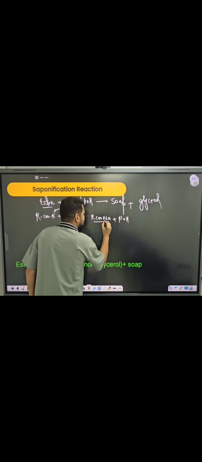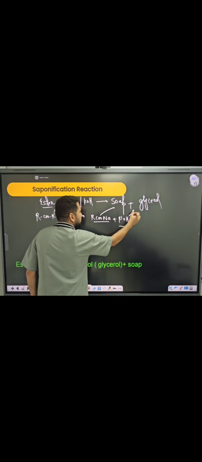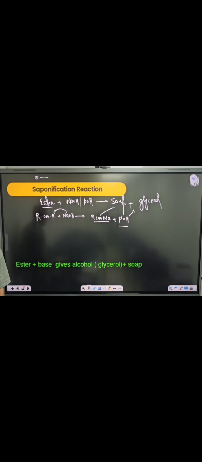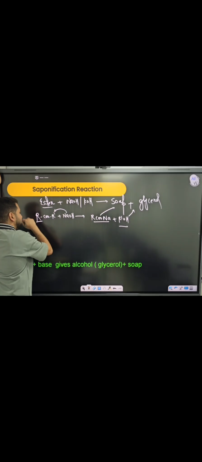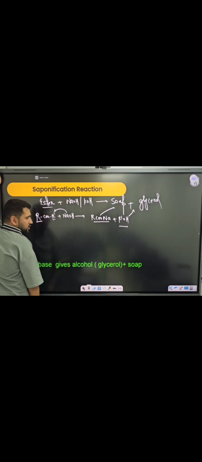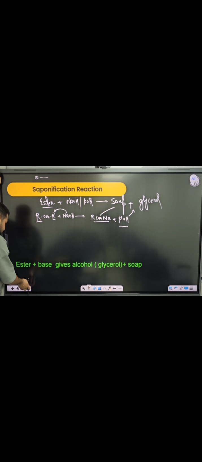Let me tell you, this RCOONa is what I call soap. This R'OH is what I call glycerol or alcohol. I hope this is clear. Now, if you take a long chain, for example, you will get a soap. For example, in place of R, you will mention that group. In place of R', you will mention the group. You will actually get the particular type of soap, right?